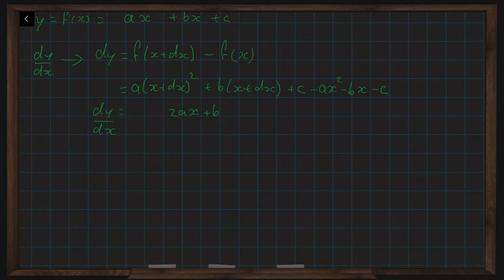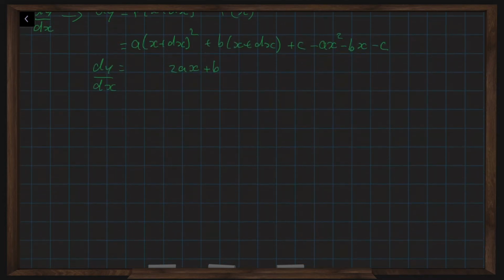But I suppose at this stage it may be worth pointing something out, as you may have spotted a pattern here. We have said that y is equal to ax squared plus bx plus c. And we've said that dy by dx is equal to 2ax plus b.